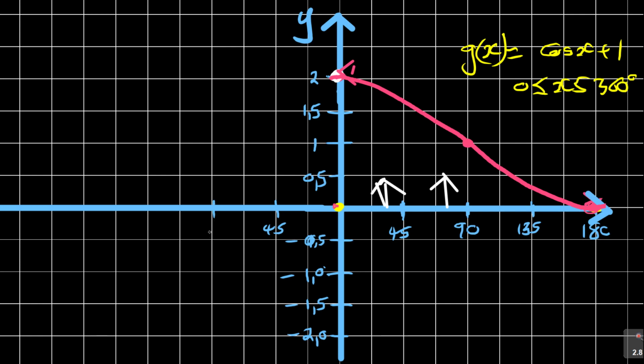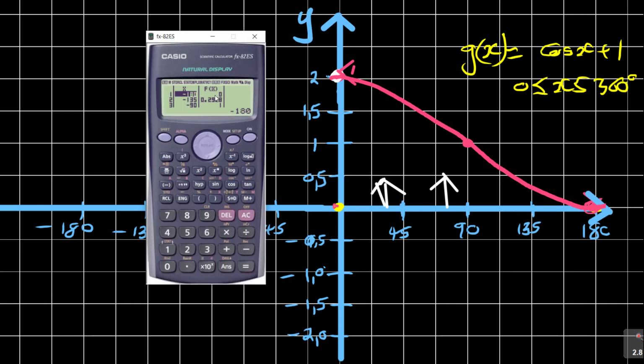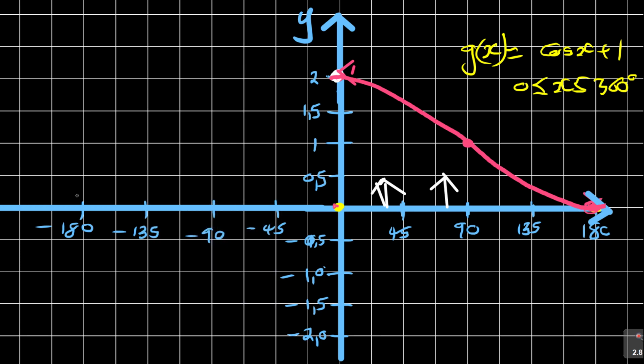I didn't mark them. So I've got here 45, 90, 135 and 180. These are the negative. Right? So if I bring back those, negative 180 is 0, negative 90 is 1, negative 180 is 0, negative 90 is 1.